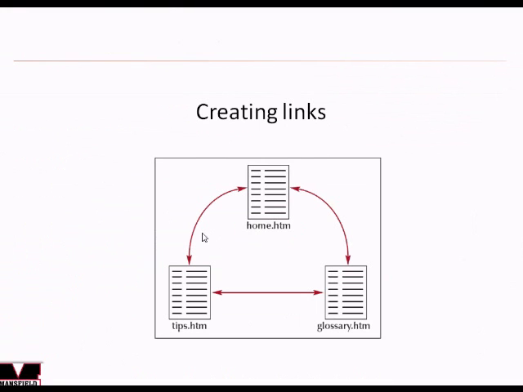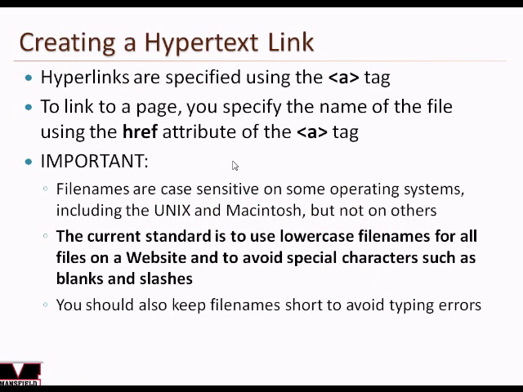So, creating a hyperlink. This is where we're going to learn a new tag, one of the most important parts that you're going to need to take out of today: the A tag. This is the tag that's used to specify a hyperlink. There's going to be an opening and a closing tag, just like every other HTML tag that we've learned about, and in the middle is going to be any old content.